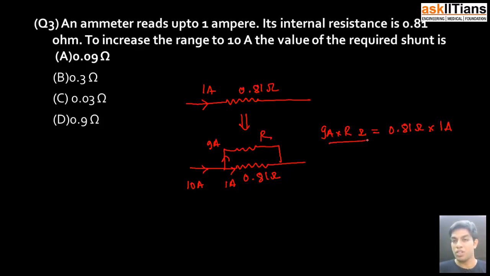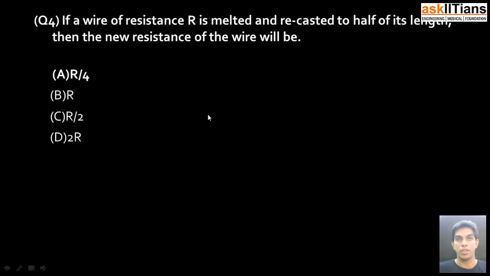That is, potential drop across my 0.81 ohm is equal to potential drop across my shunt resistance. With this, I can write that capital R is equal to 0.09 ohm. Hence, A is the correct answer. So let's move on to the fourth question.